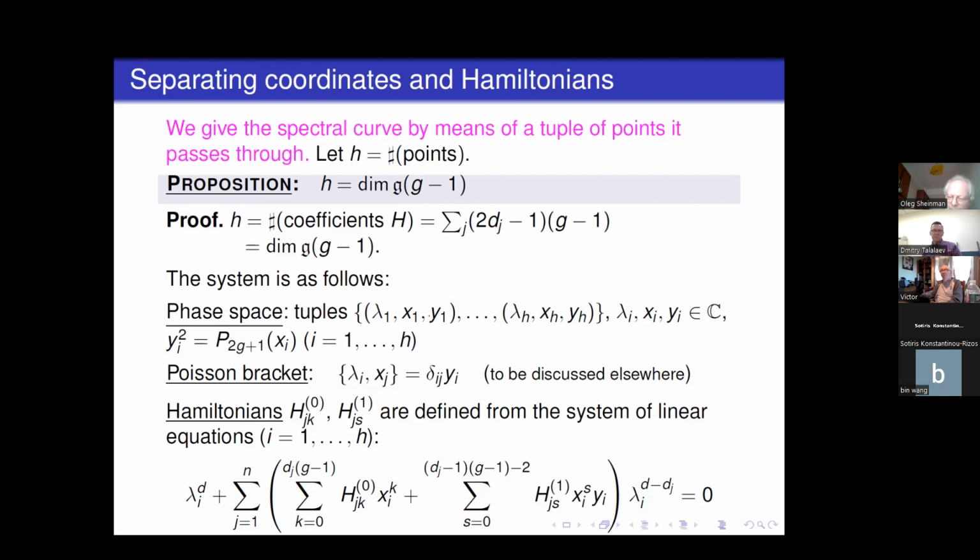For GL_n, it's a little bit different. Let me skip it now.